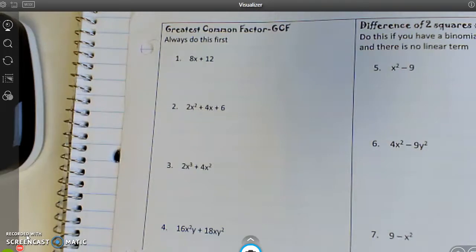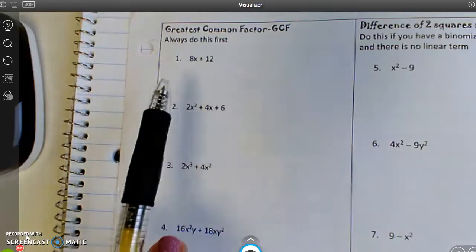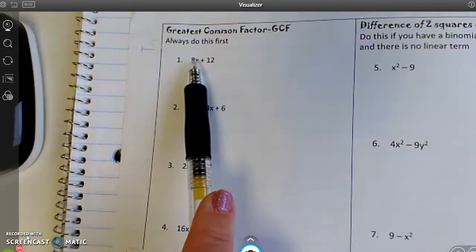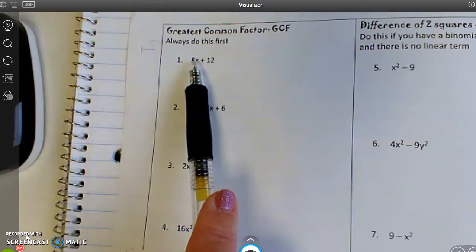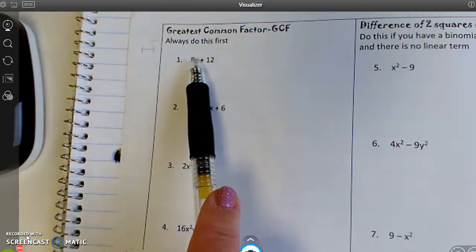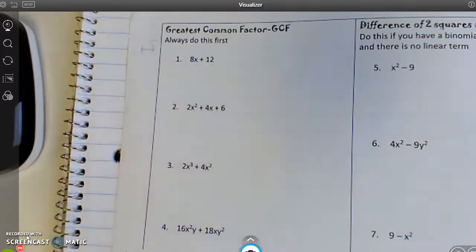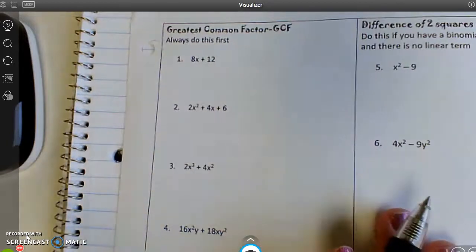But 2 is not my greatest common factor because there's a number bigger than 2 that goes into 8 and 12. 4. When you're trying to decide what your greatest common factor is, you want to look at the two numbers. Pick the smallest one. See if the smallest one goes into it. If it does, that's the answer. If it doesn't, then you need to go smaller than that number. So I know it's a number smaller than 8, and then 4 will work. So 4 is my greatest common factor.